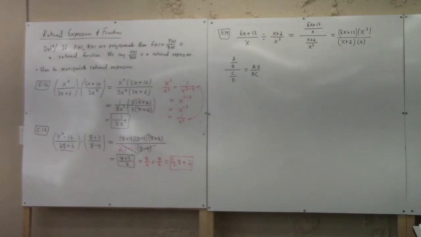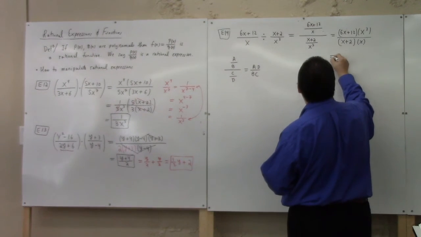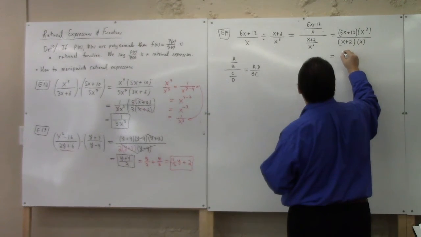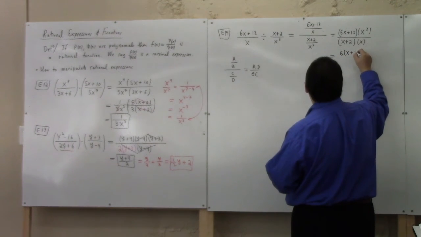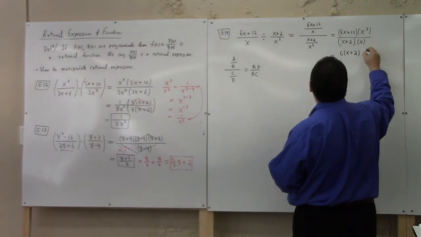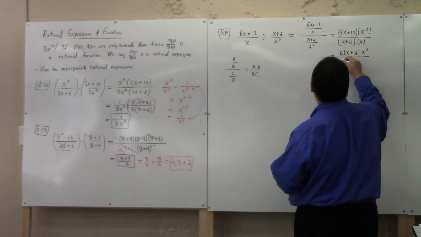And now we can simplify, just like we did the previous ones. Can you factor anything out of 6x plus 12? How about a 6, right? 6 times x plus what? 2, right? And we've got x cubed divided by x plus 2.